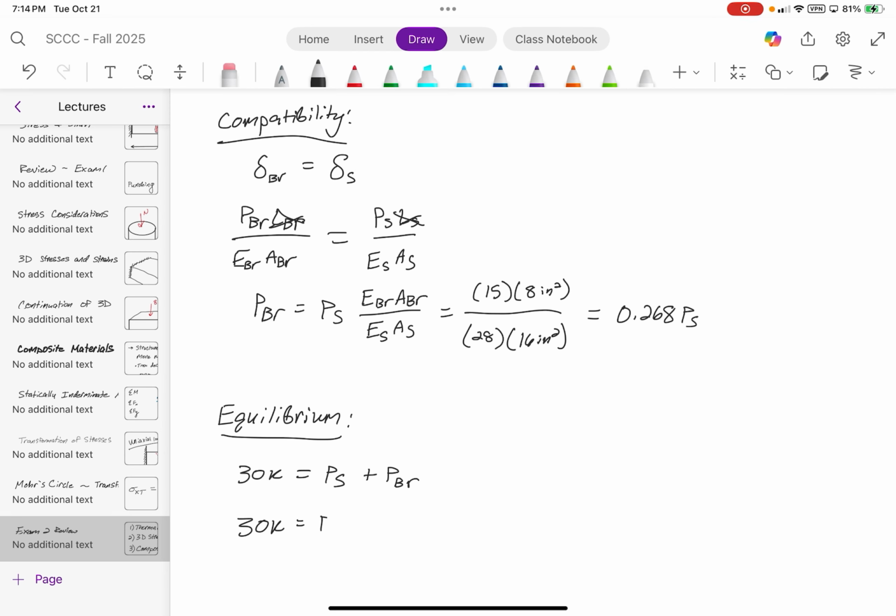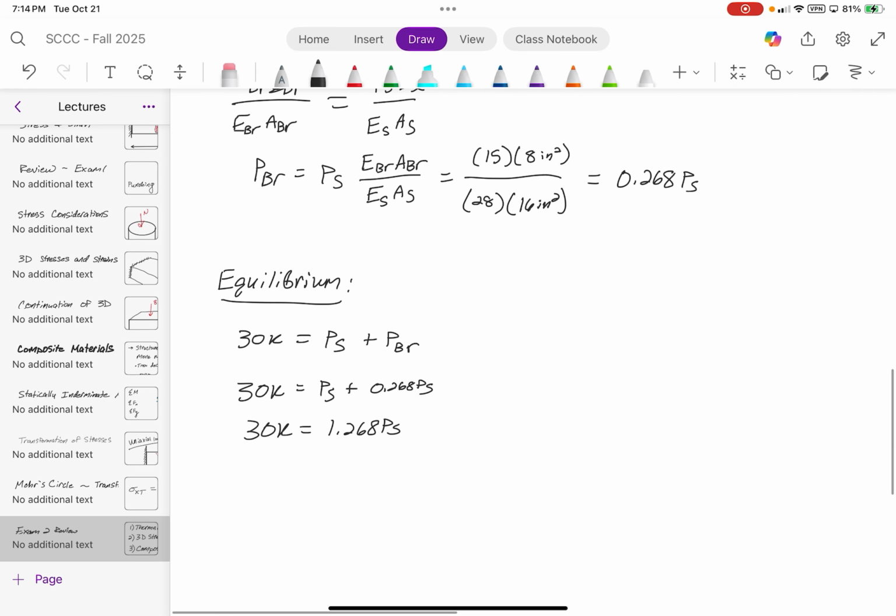So 30 kips is equal to P_S plus 0.268 P_S. 30 kips is equal to 1.268 P_S. And so the force in the steel is just 23.7 kips. Who here got that?